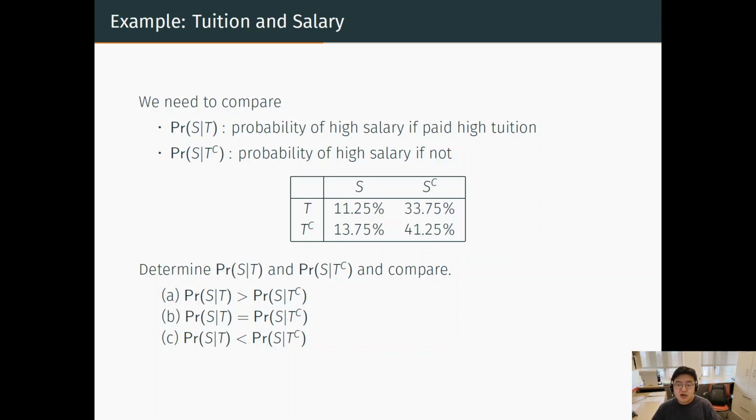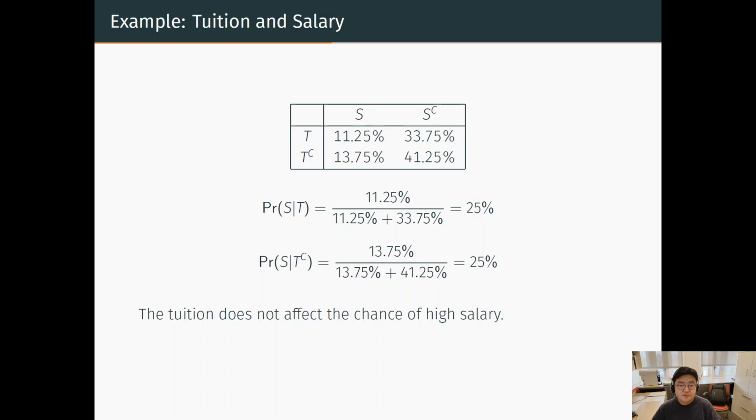Let me tell you, the answer is this. If you condition on T, then you use the first row only. So the denominator is here, and the numerator is the first column entry. And if you condition on T complement, you use the second row in the denominator, and the numerator is this entry, high salary.